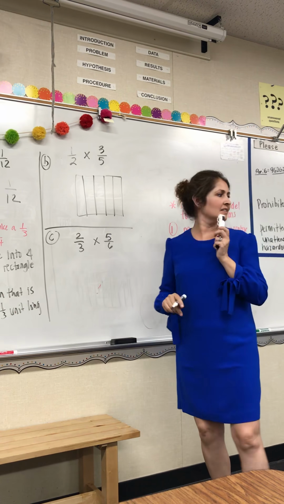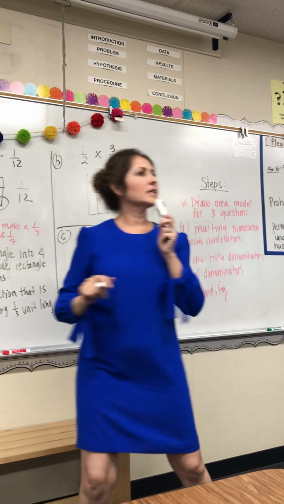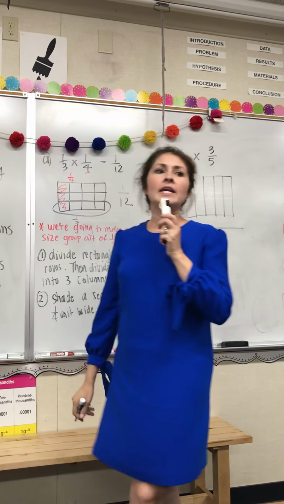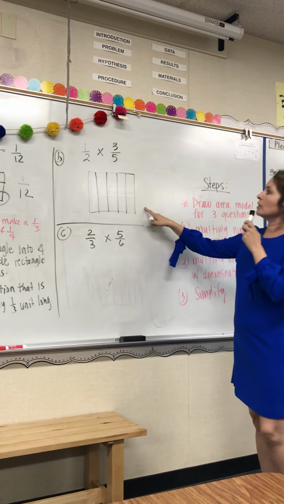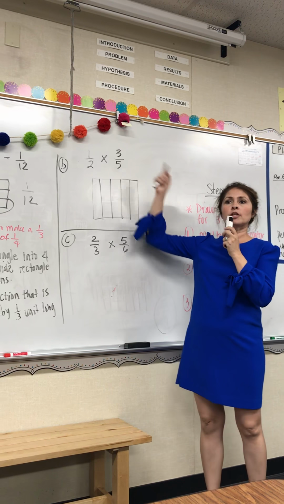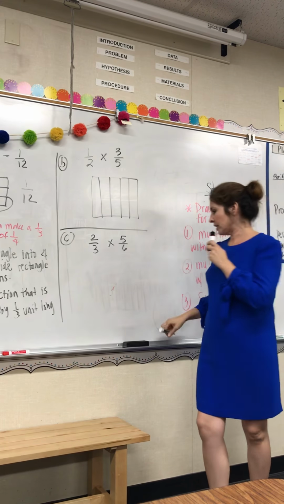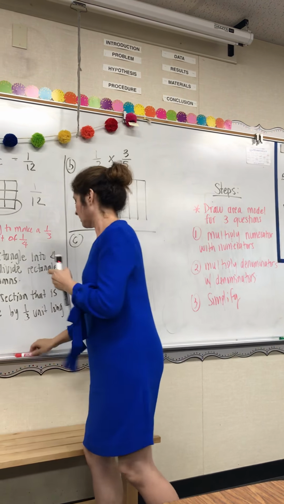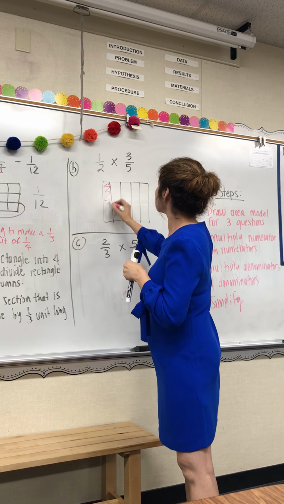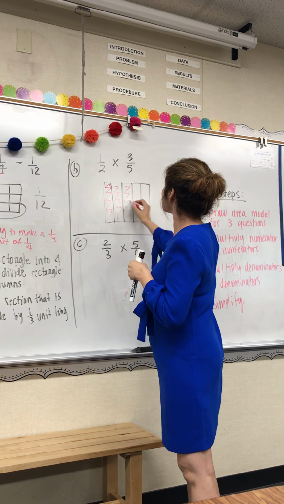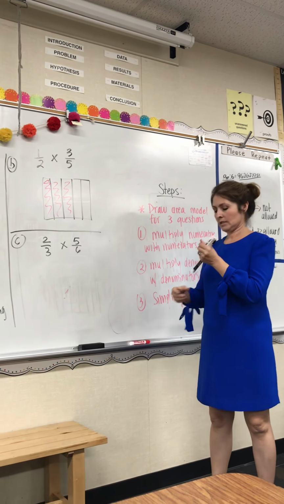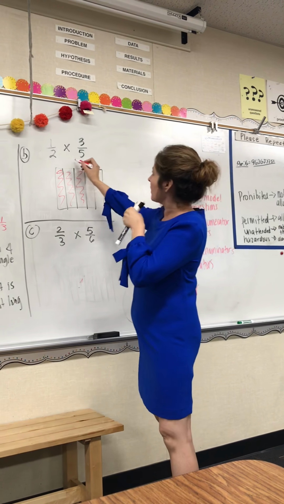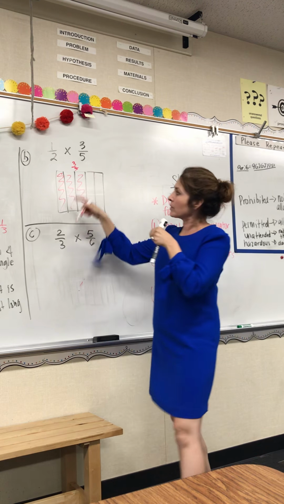Five slices. But good, yes. Thank you. Now the numerator tells us how many we're going to shade in of those columns. How many are we going to shade in? Tell your neighbor. 3. Okay, go ahead, shade it in. And I'm going to put at the top 3/5 because that's what that represents.